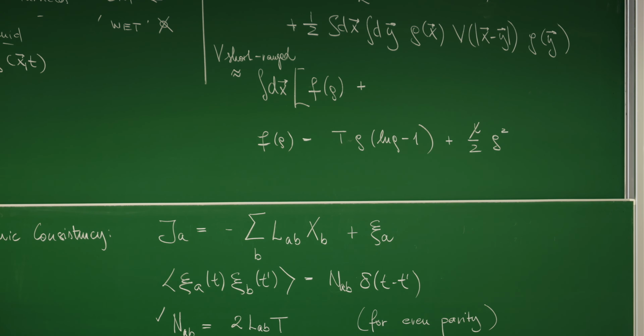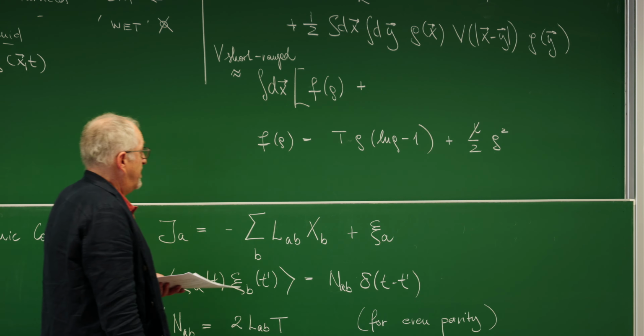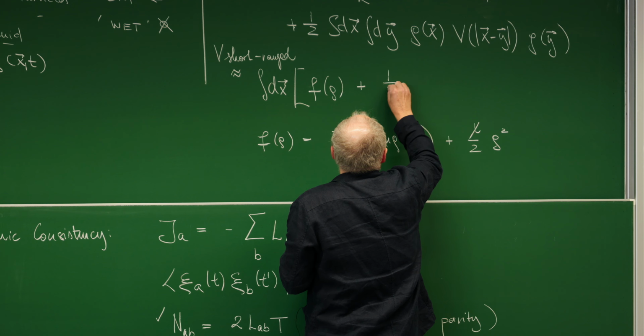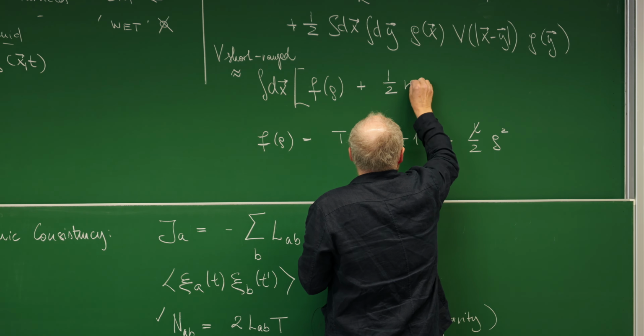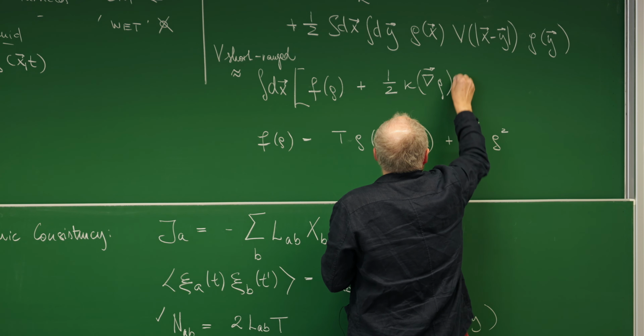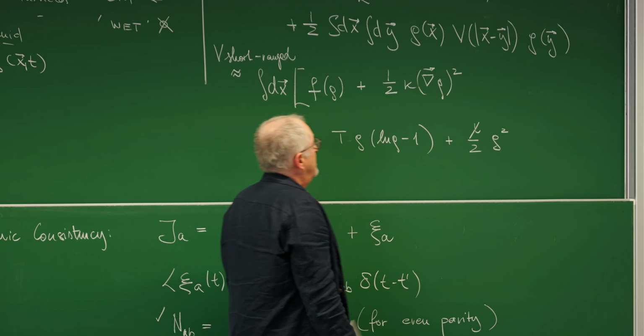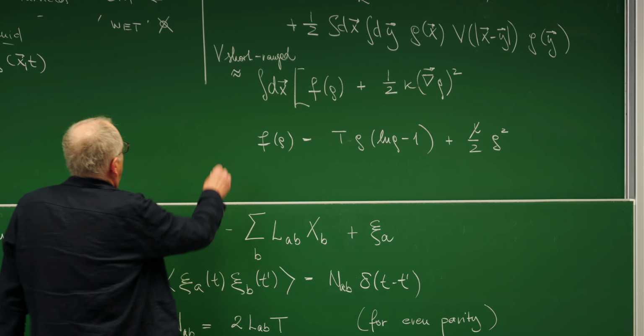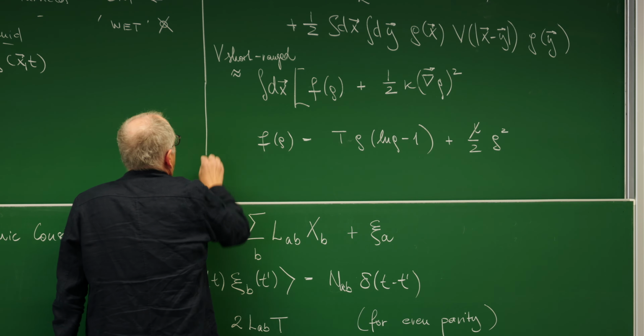This is related to an integral of the pairwise interaction potential. And on top of that, there will be a term coming from the second order Taylor expansion of this interaction term, and that will give rise to a gradient rho squared term. So you see you get the same kind of structure as we had for model B for this free energy in the case that the interaction potential is short-ranged.